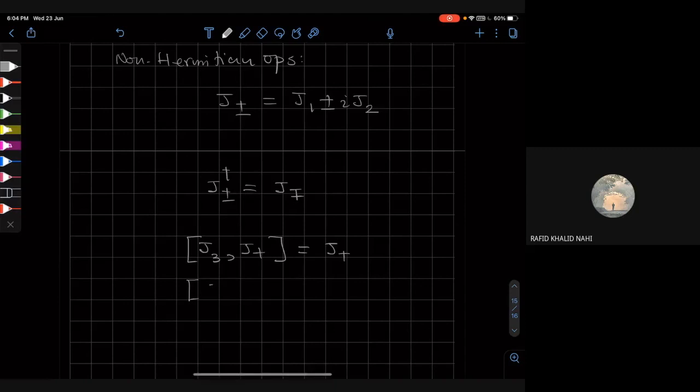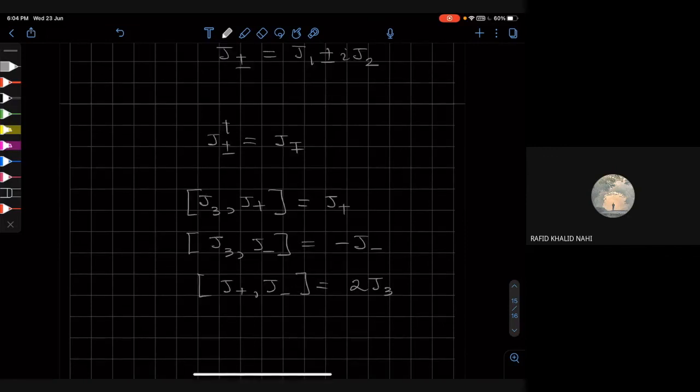The commutator of J3 with J minus gives me minus J minus. And the commutator of J plus and J minus gives me twice J3. Okay, this is very easy to show, but you should show it nonetheless.